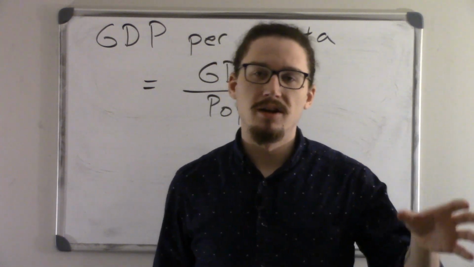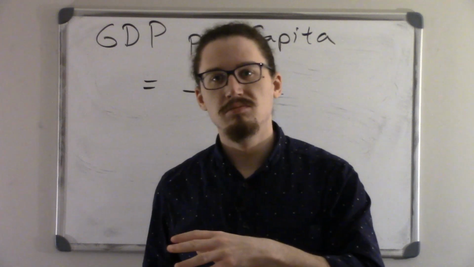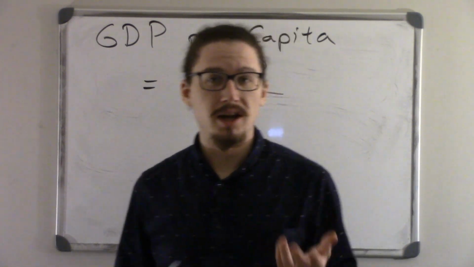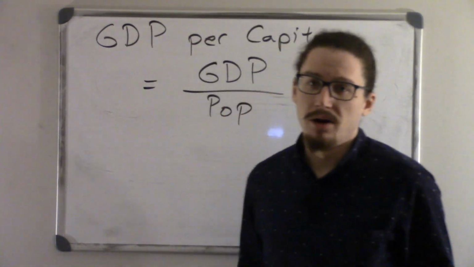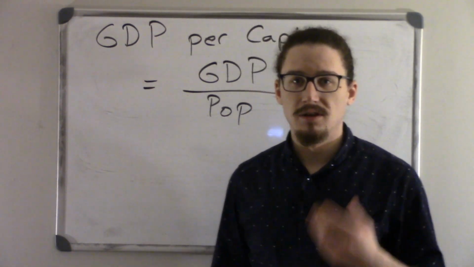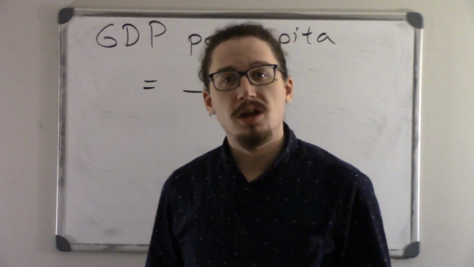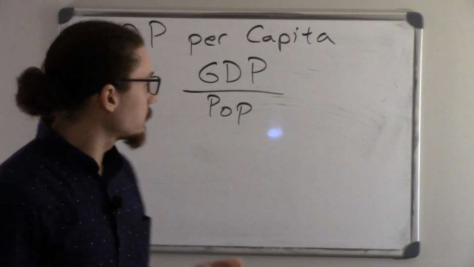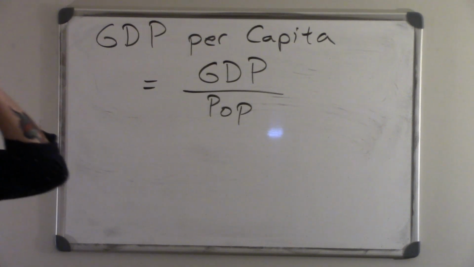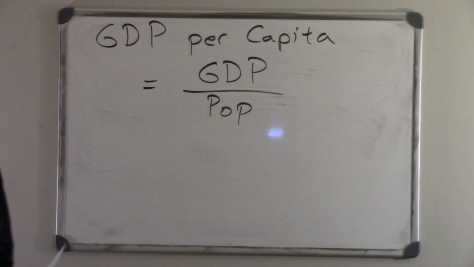But I bet their GDP per capita is higher than China's. Part of what that reflects is those different standards of living. The standard of living in China and the standard of living in Western Europe are going to be different things for the majority of the population. And so that's why we are interested in GDP per capita.